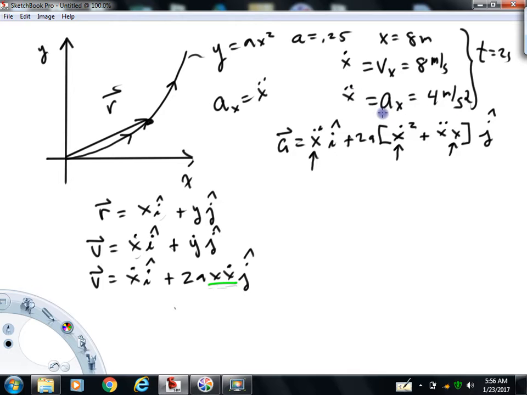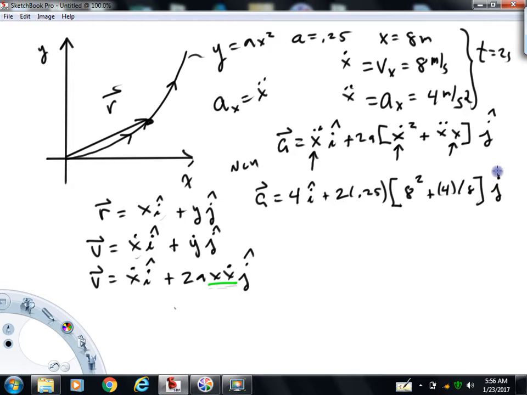Yeah, right here. So acceleration in the x direction is x double dot, so our acceleration vector is going to be 4, and again, I'm going to use NCU for note consistent units. So 4i plus 2 times 0.25, I'll go ahead and just put numerical values in, times the quantity x dot squared plus x double dot times x, and that's in the j direction.